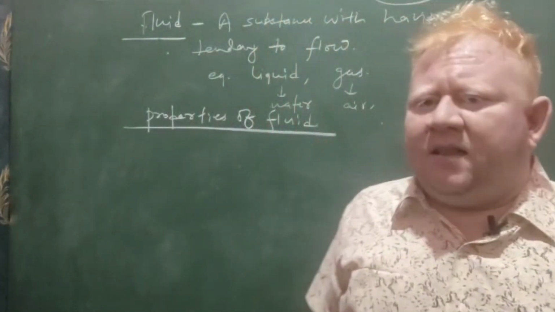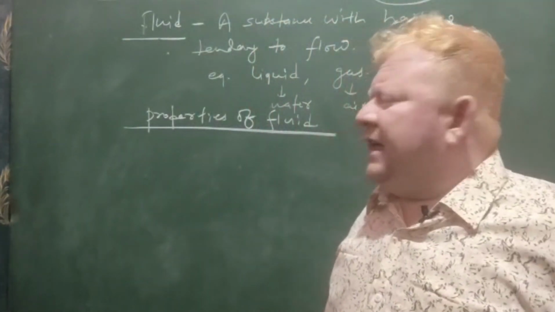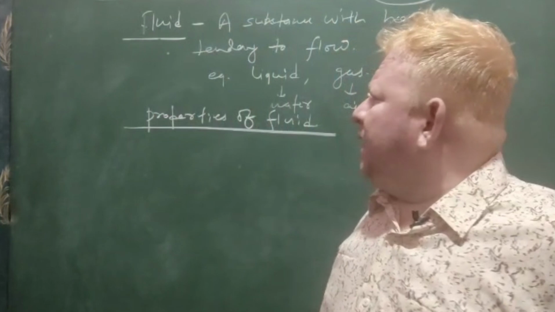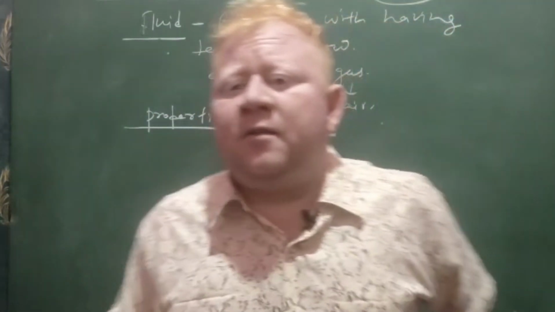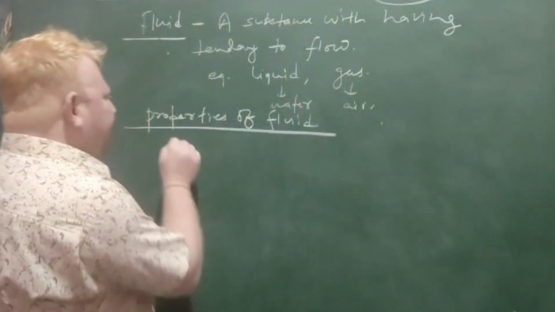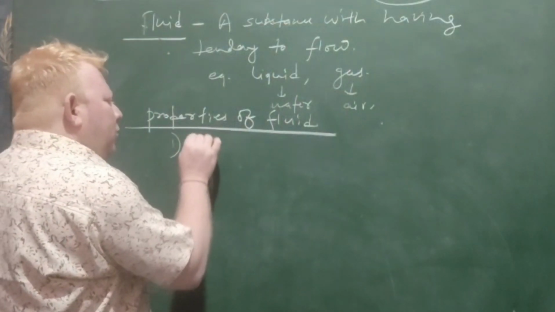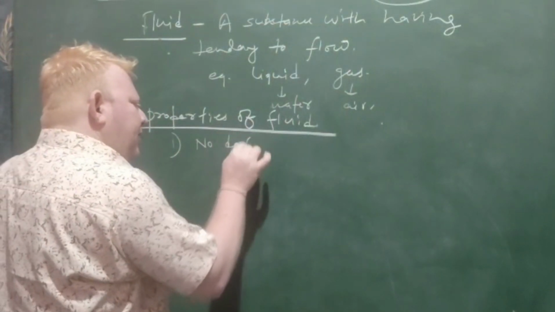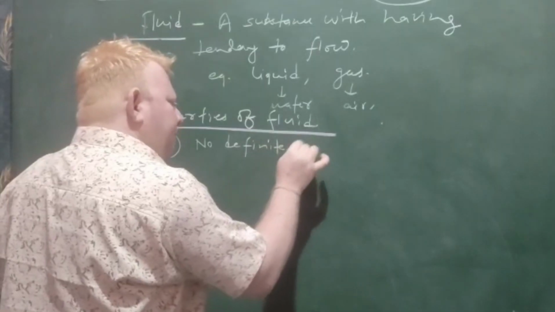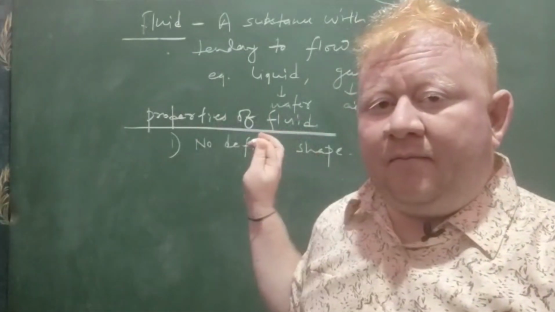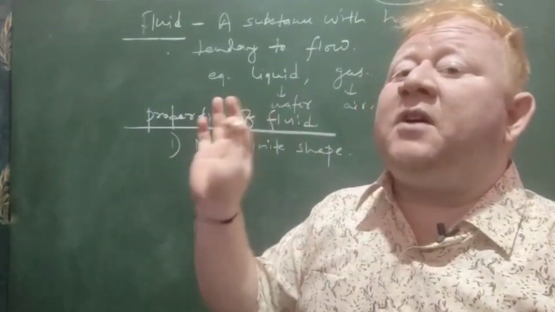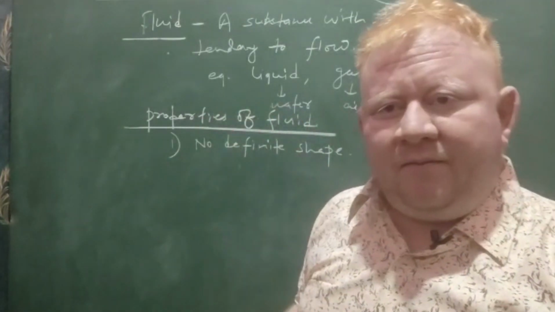Many properties are there, but I would like to indicate the basic properties that we are going to discuss in this chapter. The first property is no definite shape. It takes the shape of the container in which it is placed.